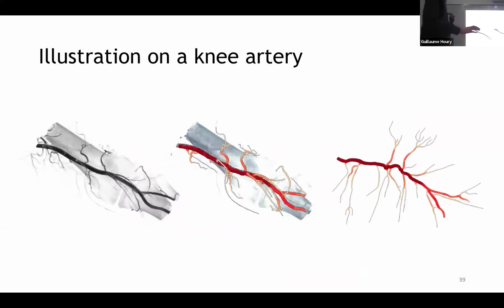We also tried the same method on other parts of the body, like here on the knee, where we segmented the artery around the bone and embedded it with our method, which also gives coherent results.